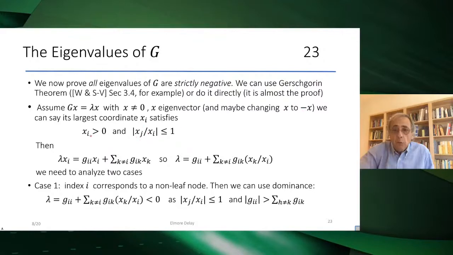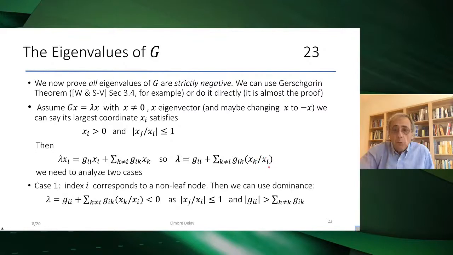So let's assume this is the most positive one. For all the others, this quotient for the other coordinates is smaller than 1. We write the equation for that coordinate. We take the division, and we see very clearly this is actually the proof of Gershgorin's theorem.